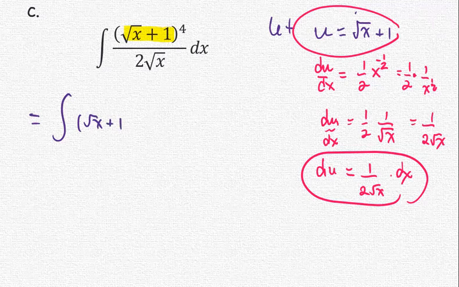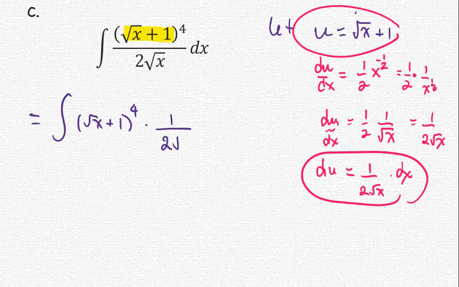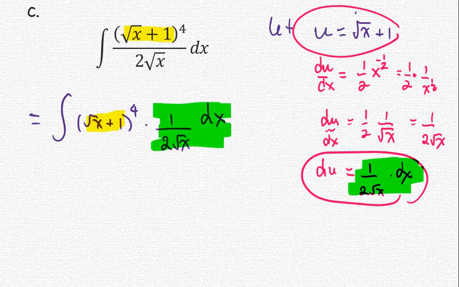So square root x plus 1 quantity to the power 4, multiplied by 1 over 2 square root x dx. When I separate in this form, I can see clearly where I'm going to replace the term. Okay, so for the square root x plus 1, yes, we're going to replace it with the u. And this portion in green, that is the du. Then we have the integral of u to the fourth multiplied by du.